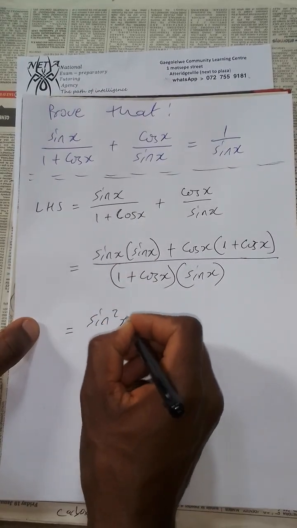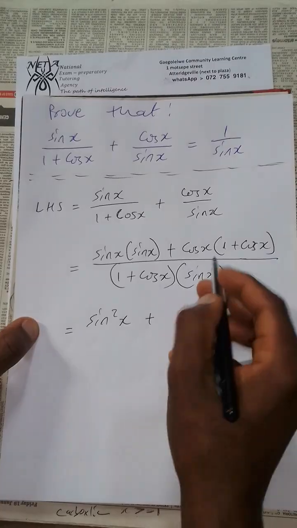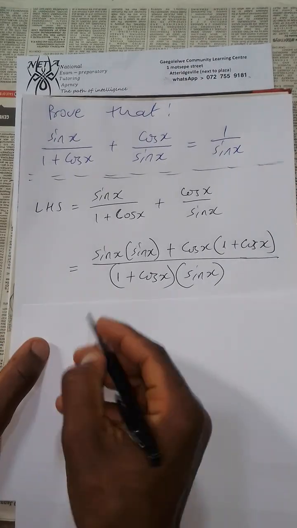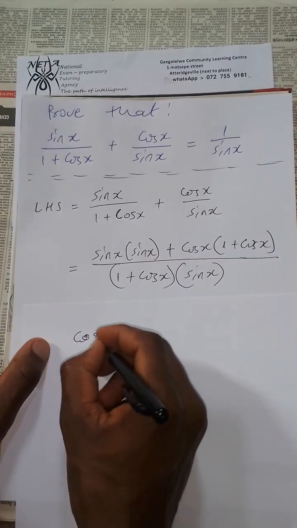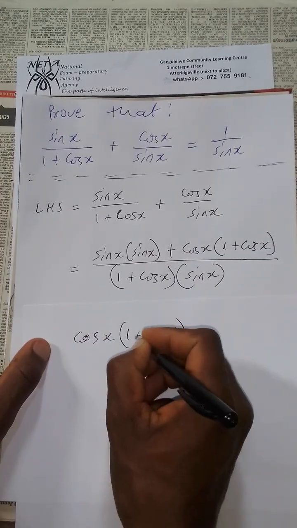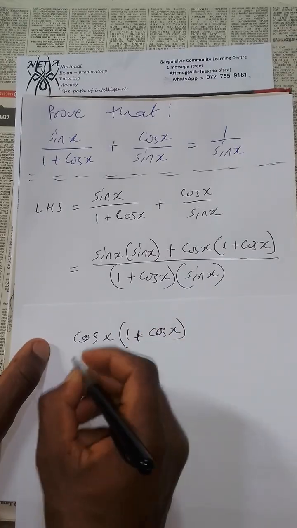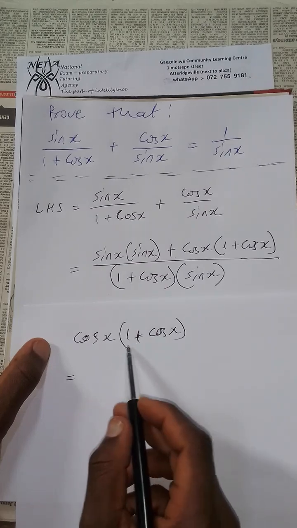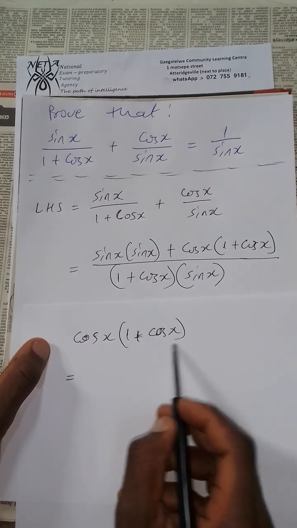We're going to have sin squared x plus, when we multiply expressions of this nature, this is what we have. This is our expression. What we have is cos multiplying 1 plus cos x.